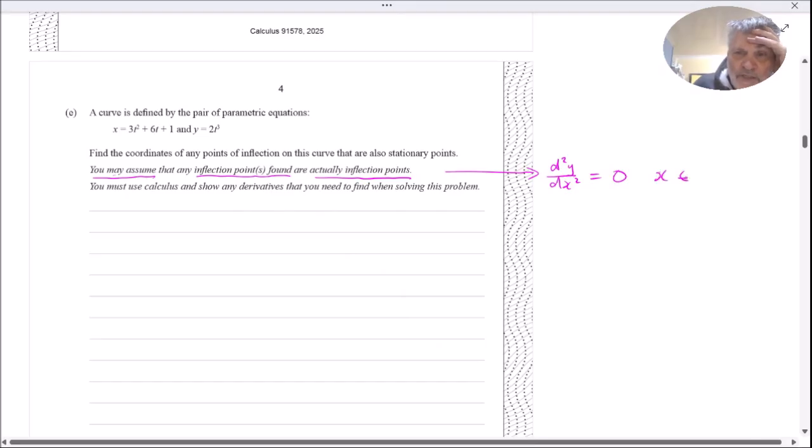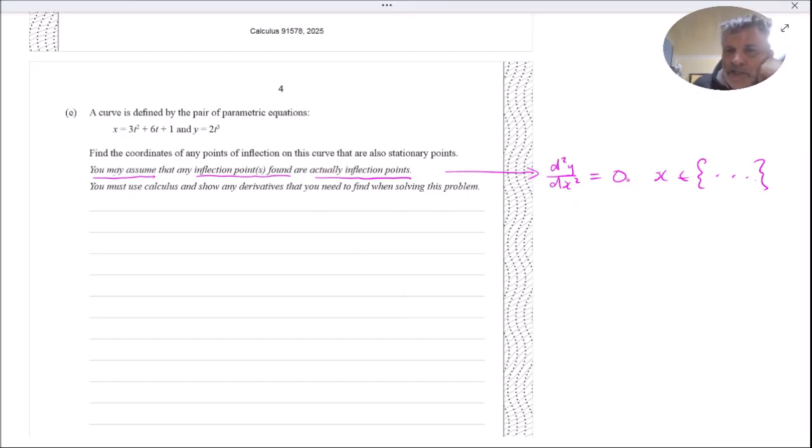So x is in some set of solutions, and this is saying we can just assume that these are inflection points. In fact, just setting the second derivative to 0 doesn't guarantee an inflection point. You need to have the second derivative 0, and you need the concavity to change from positive to negative.